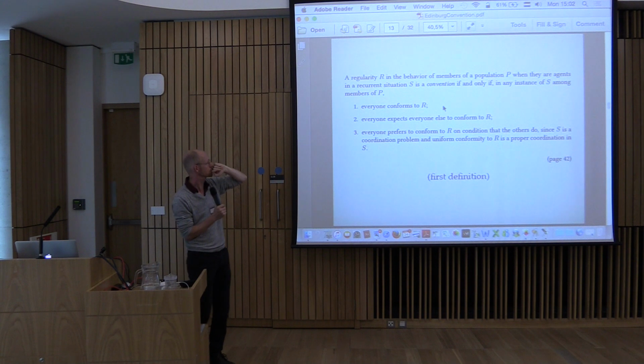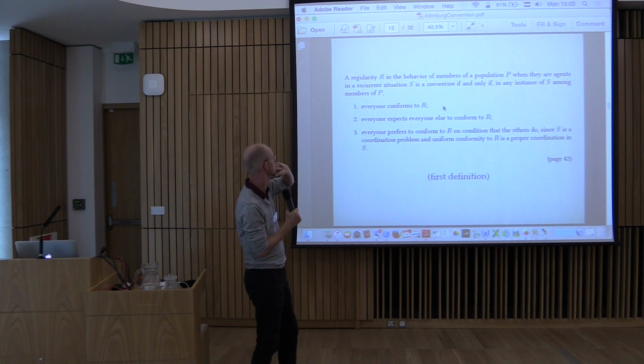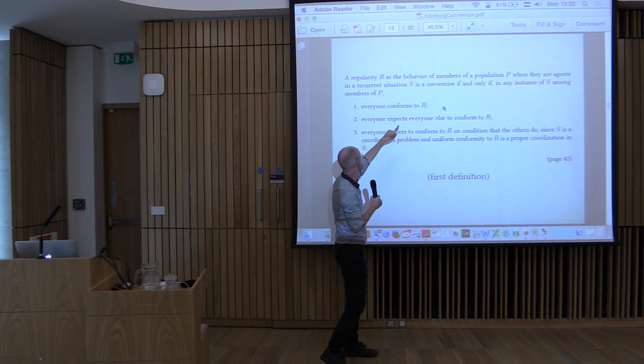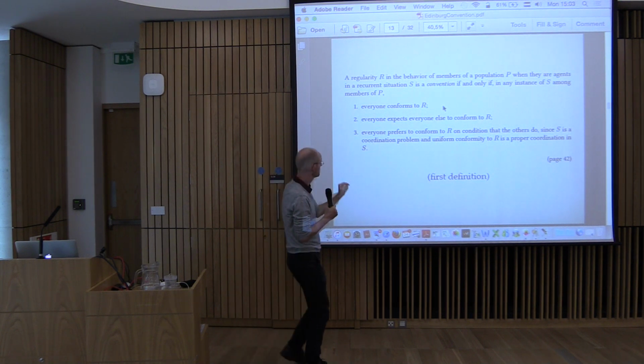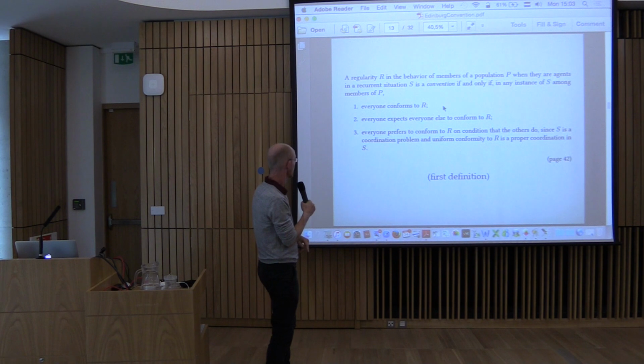And this is a convention, so a solution to this situation S, if and only if in any instance of S among members of P, everybody conforms to this regularity, everybody expects everyone else to conform to this regularity, and everybody prefers to conform to this regularity R on condition that the others do.